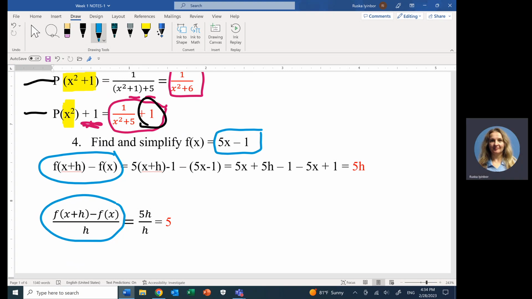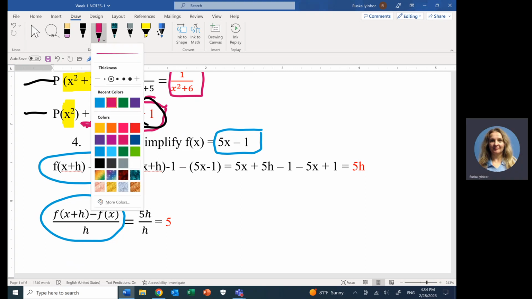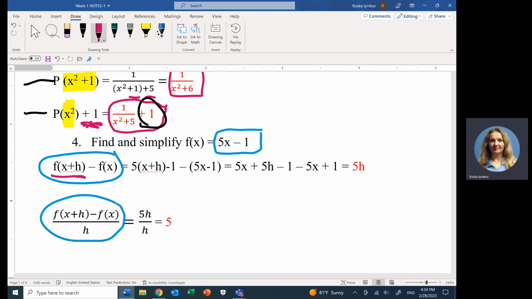And how you do that? You're doing it step by step. So the first step is you're going to get what is f of x plus h. That means I copy the function, and you replace the x with x plus h. So this is what you have: 5 times (x plus h) minus 1. Then the next part of it, I have to do minus f of x.